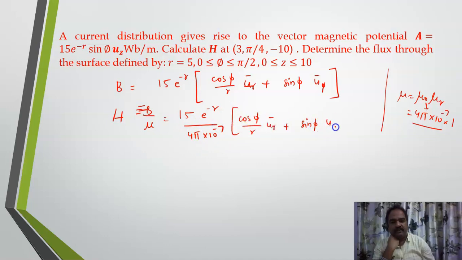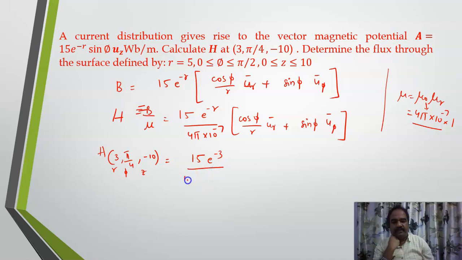Now I need to compute H at 3, pi by 4, minus 2. This is the r value, this is the phi value, and this is the z value. If I substitute it, I get 15 e to the power of minus 3 by 4 pi into 10 to the power of minus 7 into cos pi by 4, which is 45 degrees, by r is 3, for ur, and sine 45 for u phi.